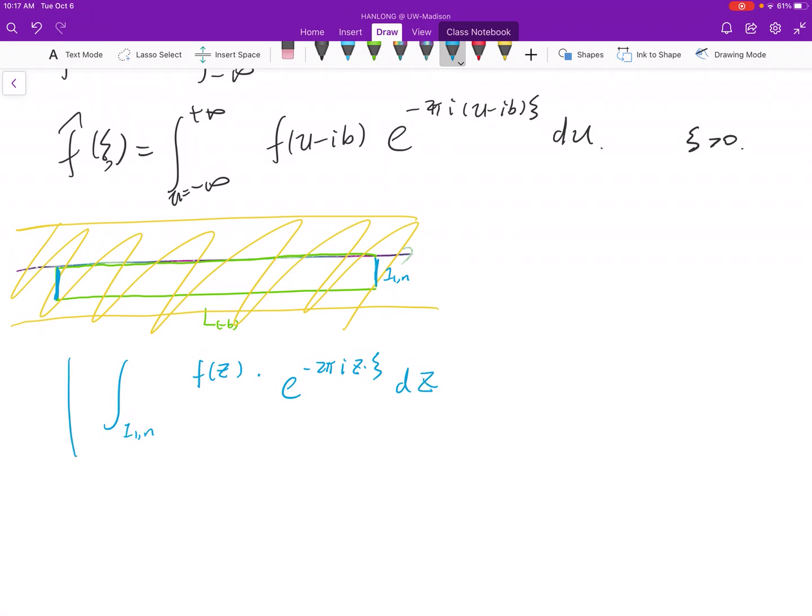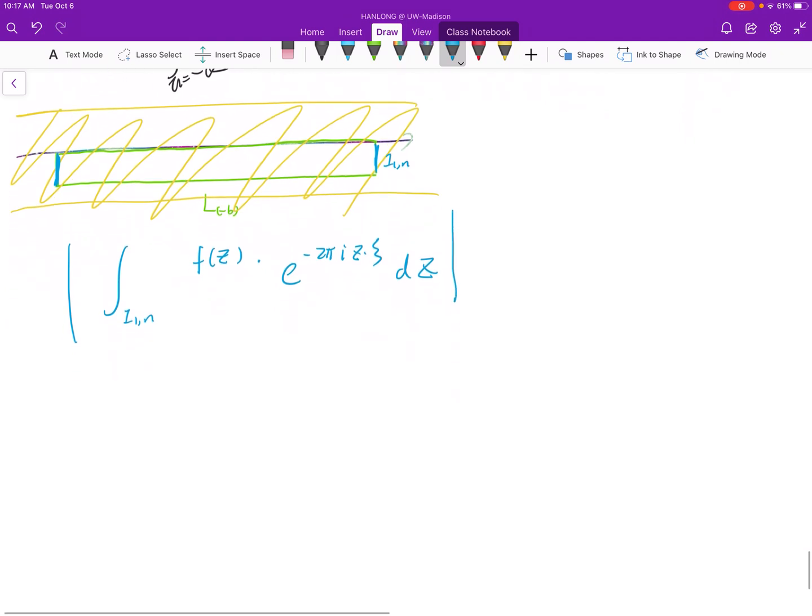So let's estimate this part. If you plug in the coordinates, here z will be n plus 1/2 plus it.